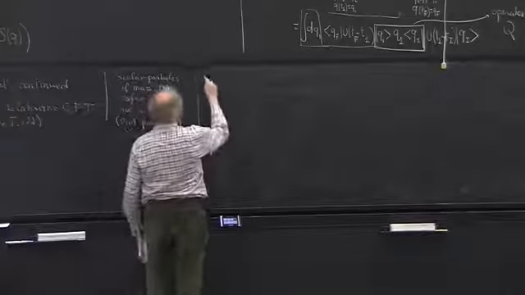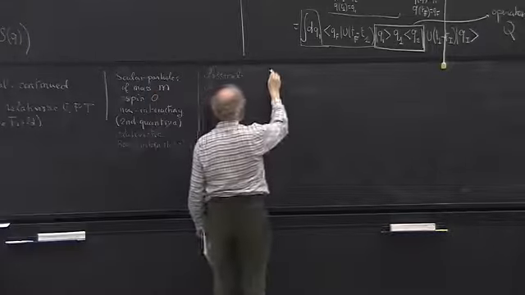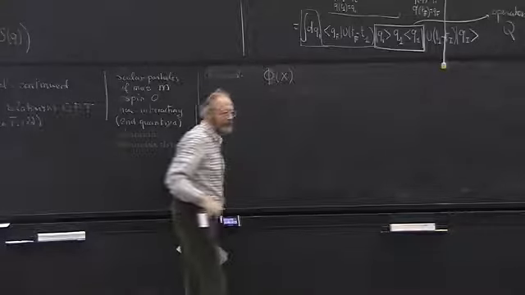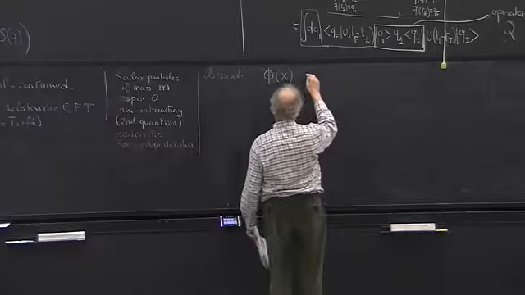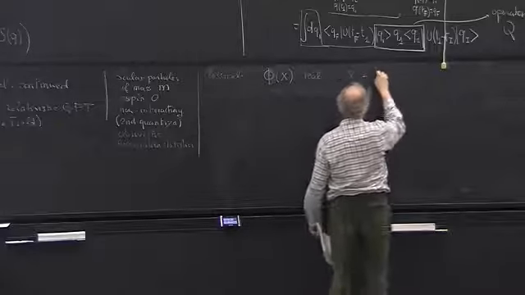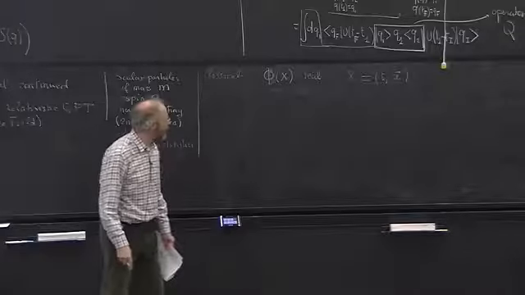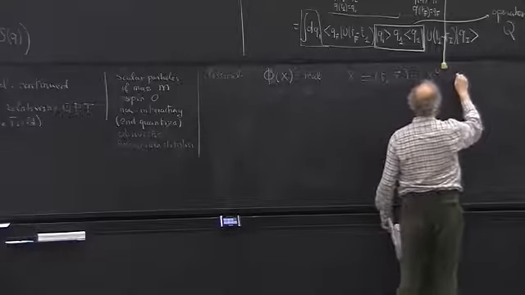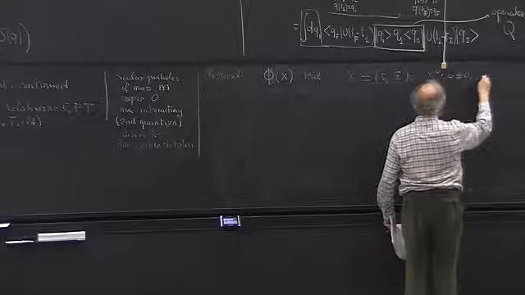What is the classical theory of that? The classical theory is just a field phi depending on a vector in space-time. So phi of x is a real scalar variable, and x contains the time and the position, or it's written as x mu, with mu from 0 to d minus 1.